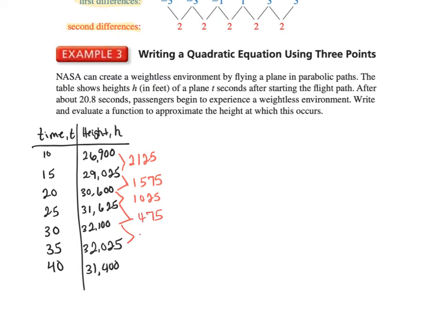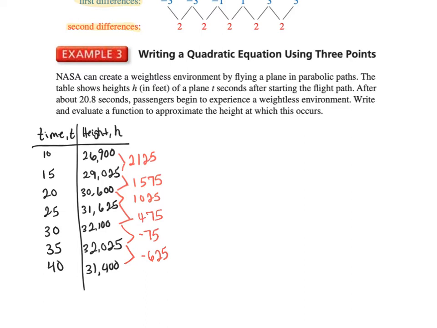We get negative 75. And then we take 31,400 and subtract 32,025. We get negative 625. Then we're going to do this process again. The first differences are not the same, so we know this is not linear.